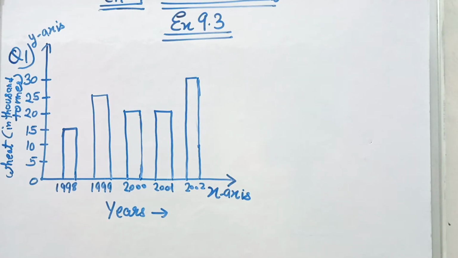Let's take question number 1 of exercise 9.3. There is this graph given in which they are saying that the bar graph given alongside shows the amount of wheat purchased by government during the year 1998 to 2002. Read the bar graph and write down your observations.